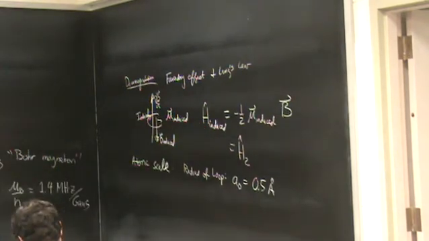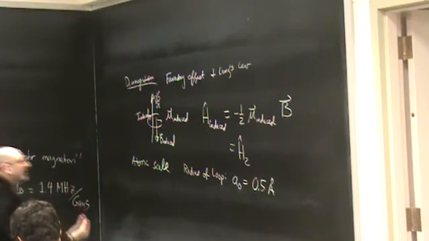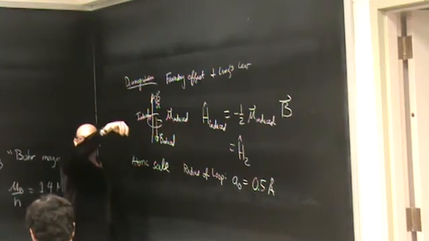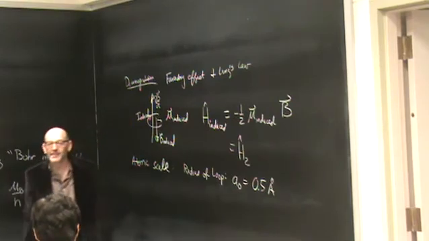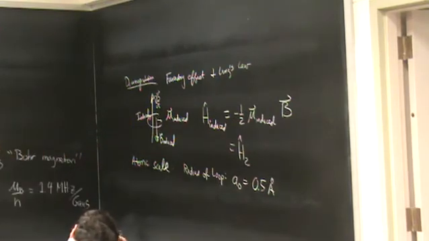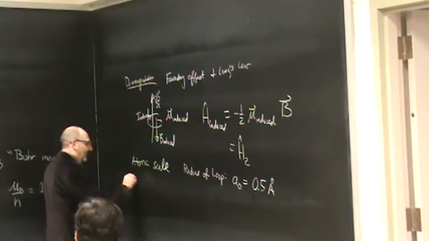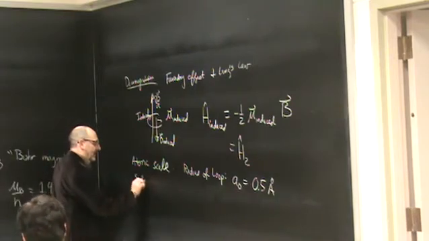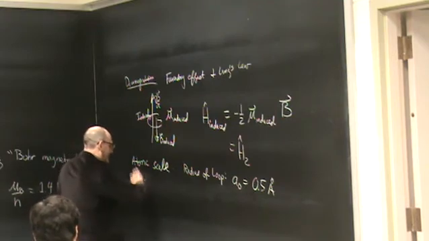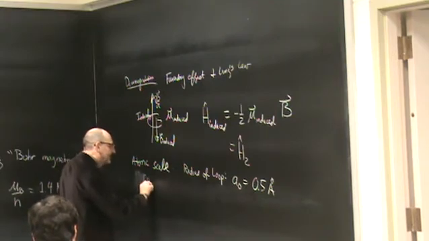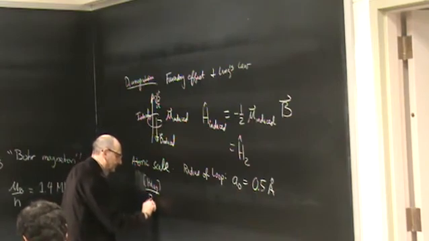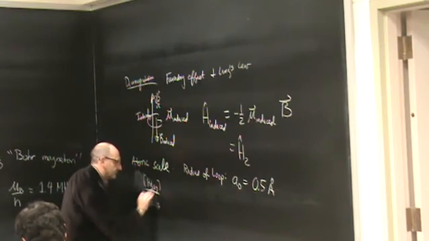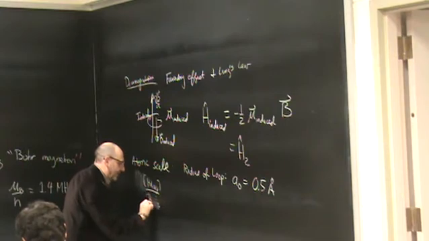So I've got my electrons kind of going around the proton, and I put these magnetic fields through them. The question is, does it speed up the electron or slow it down? So the relative scale of the paramagnetic versus the diamagnetic term is basically, we can show, the diamagnetic versus the paramagnetic.